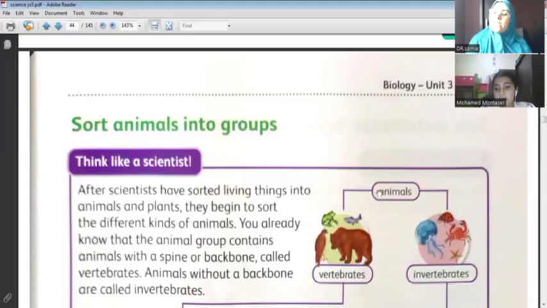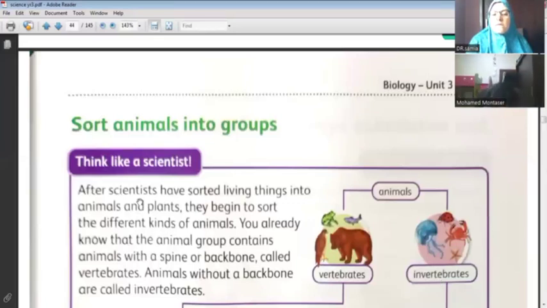invertebrates. So we take the animals and classify them into 2 smaller groups according to the presence of the backbone or the spine bone. So the animals whose bodies contain a spine or a backbone, we call them vertebrates. The animals that don't have a spine or backbone, we call them invertebrates.